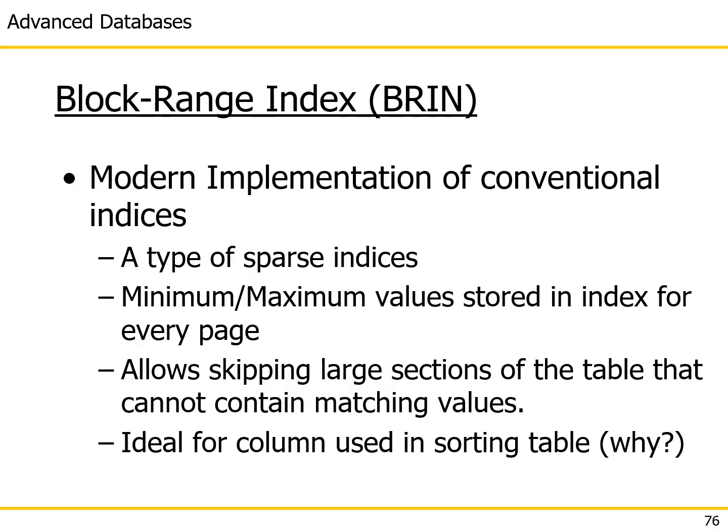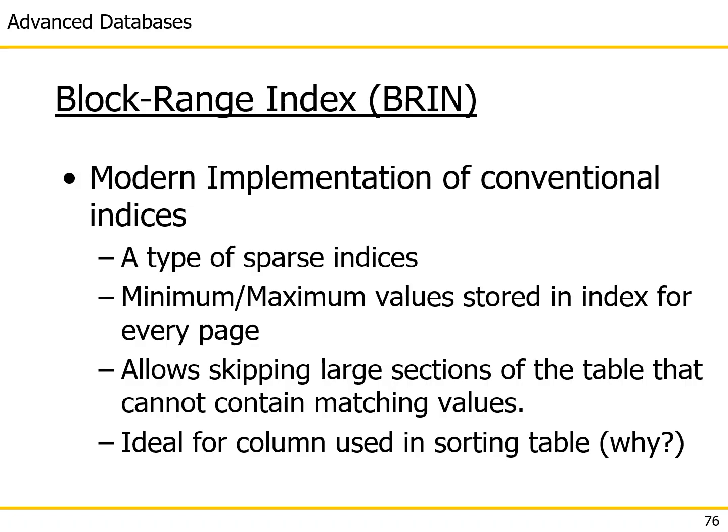Now, if you're building a BRIN index on the column used in sorting the table, that's the best scenario. Why? Because the values in that column are already sorted because you're using it to sort the table, the rows.